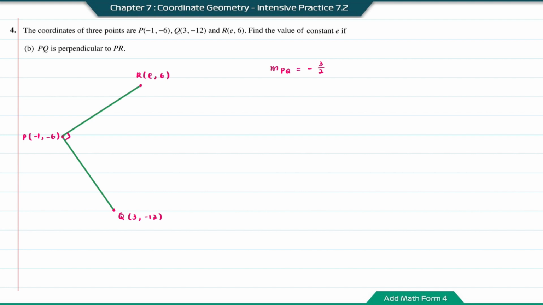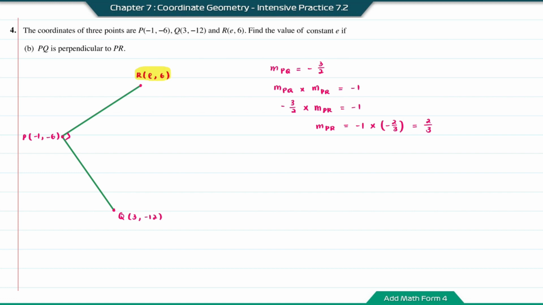As these two straight lines are perpendicular, when the gradient of PQ multiplies the gradient of PR, the answer is equal to negative 1. So negative 3 over 2 times the gradient of PR is equal to negative 1. Then the gradient of PR is negative 1 divided by negative 3 over 2, which is the same as negative 1 times negative 2 over 3, which is equal to positive 2 over 3.